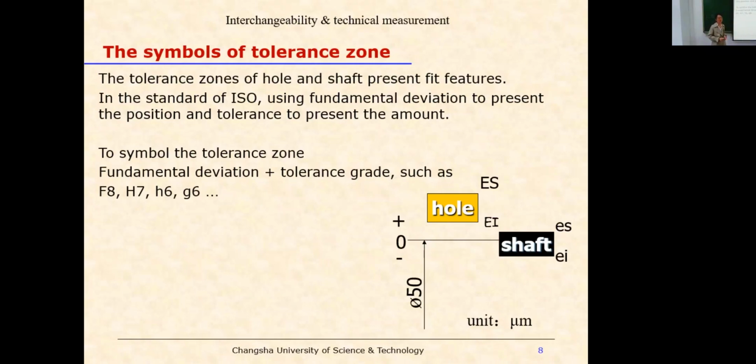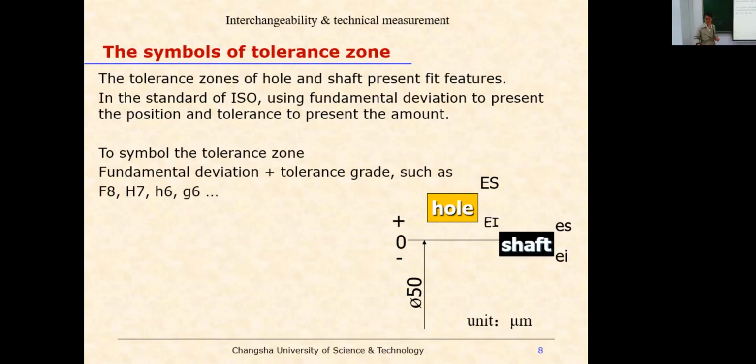To symbolize the tolerance zone, use the fundamental deviation plus the tolerance grade, such as F8, H7, H6, G6. So F is the symbol of the tolerance zone.